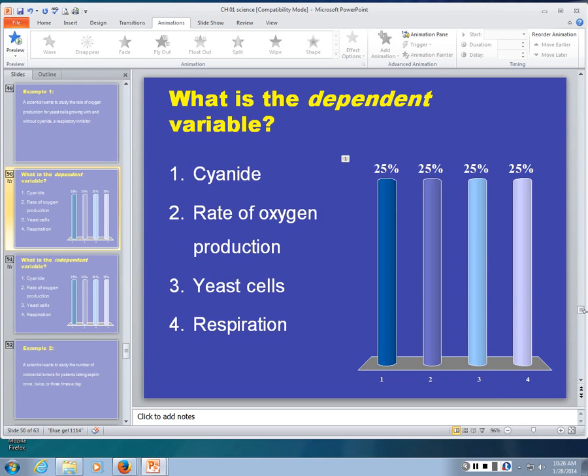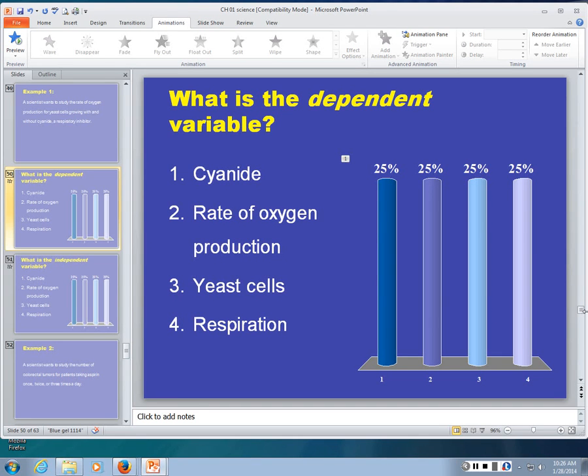What would be the independent variable? What would be the treatment? The cyanide would have been the treatment, or the independent variable. What would be a good standardized variable?